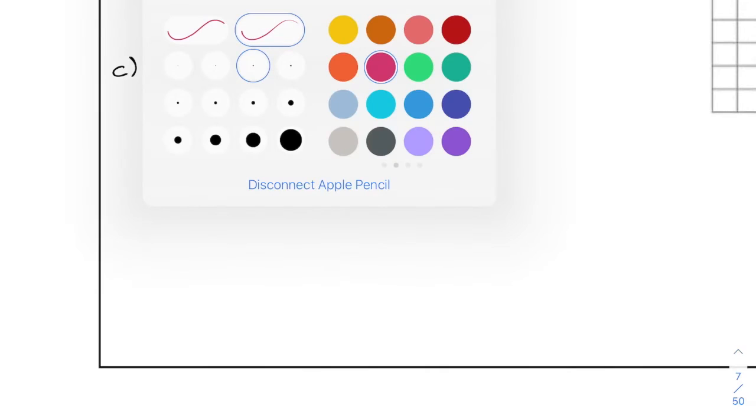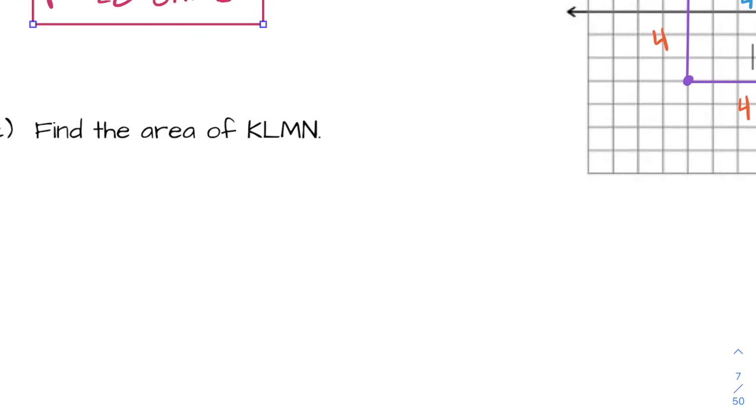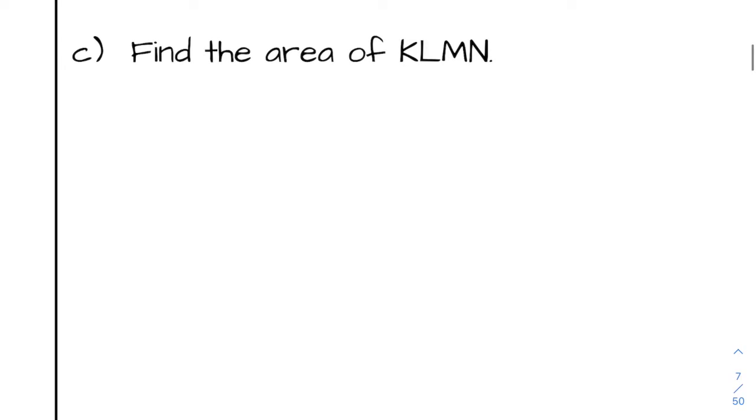So this is going to be what we call a composite. I'm going to first find the area of a triangle. Now again, you might know the area of a trapezoid, and that's fine. But I'm going to do this separately.